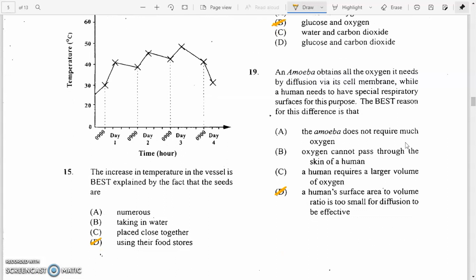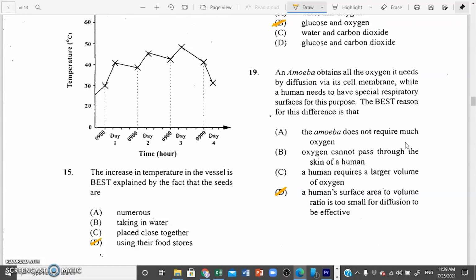The increase in temperature in the vessel is best explained by the fact that seeds are carrying out respiration, right? And respiration produces or generates heat. Respiration needs two things mainly: it needs glucose and it needs oxygen. So let's see what the options say.